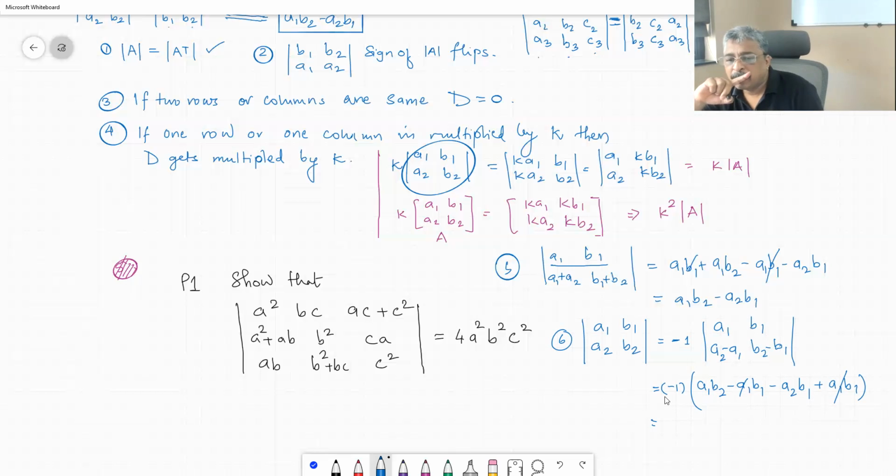Here I made a mistake. This minus 1 need not be there. Still, you can multiply any row by a non-zero constant and add it to the second, and the determinant continues to remain the same.